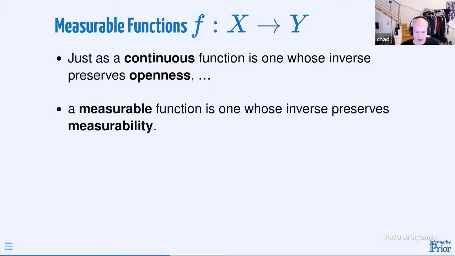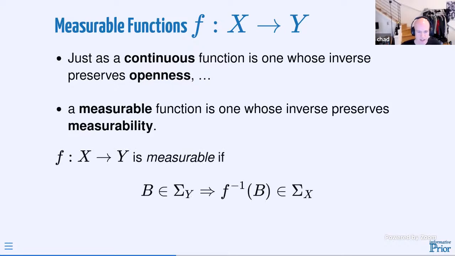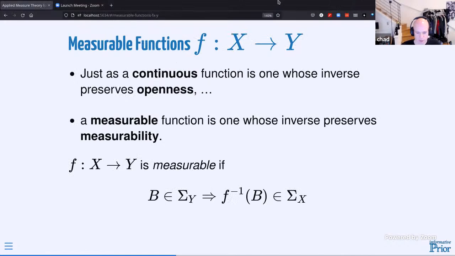So for a measurable function, the same thing is true. If we start with a measurable set in Y, we take its inverse image, now we get as a result a measurable subset of X. Okay, so here's the way to write this mathematically.